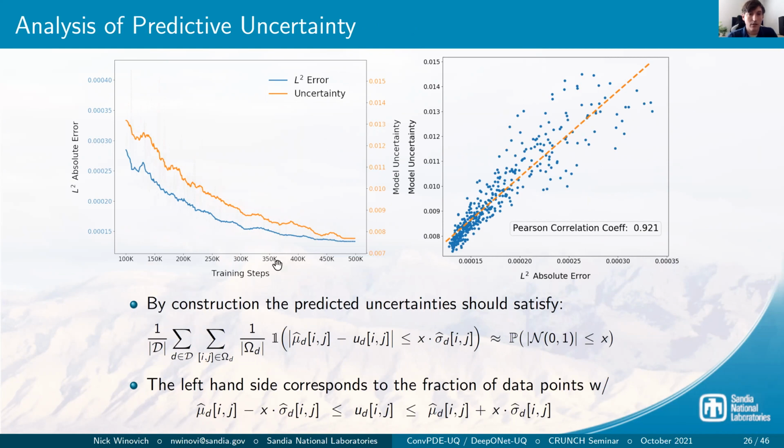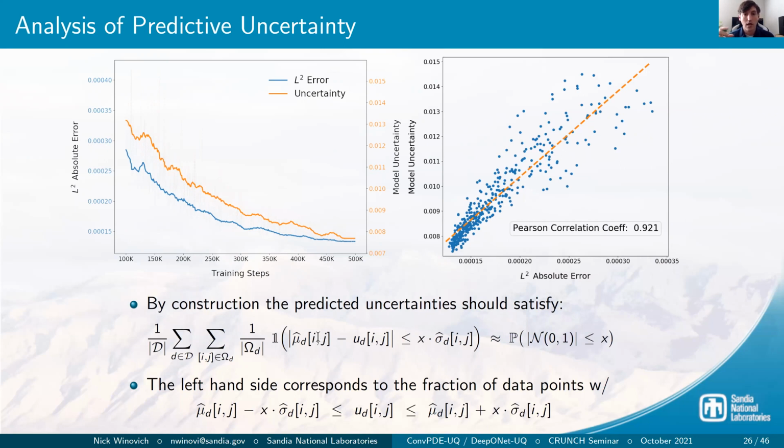And the first thing that I'll point out is that we really do have this strong tracking of the uncertainty, and particularly over training, like I mentioned earlier, it starts out being unsure, so to speak, uncertain, and it gradually gains confidence, and it does so in line with, or well correlated with, the actual L2 error that's being observed.